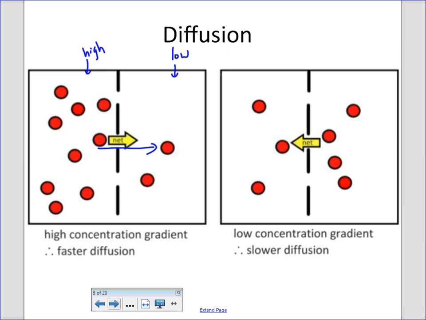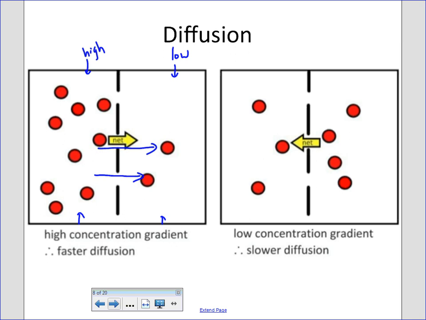If you have a much higher concentration of substances on one side of the membrane than on the other, you are going to get very fast diffusion across that membrane.